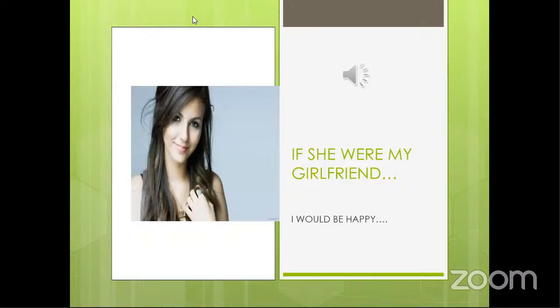Now, for the men, para los chicos, look at that picture. Is she beautiful? She's beautiful, isn't she? But she's not your girlfriend. But she's beautiful. So we can use the second conditional. If she were my girlfriend, you say, but she's not my girlfriend.